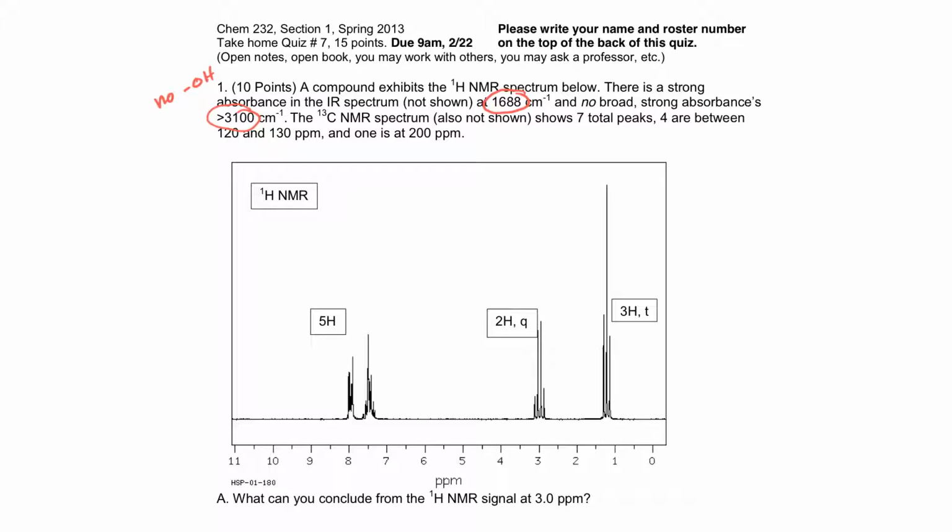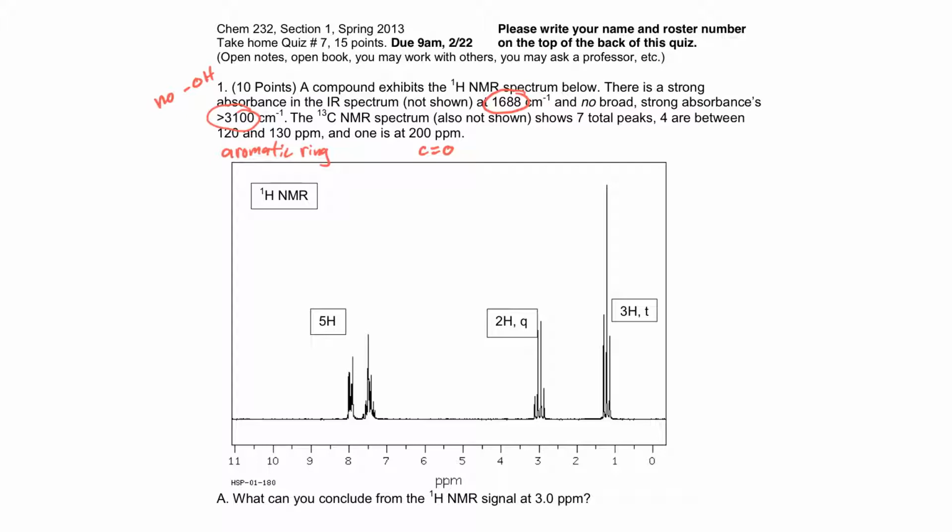The carbon-13 NMR spectrum has 7 total peaks, so I have 7 types of carbons. 4 of them are between 120 and 130. That's probably an aromatic ring. And 1 is at 200 ppm.